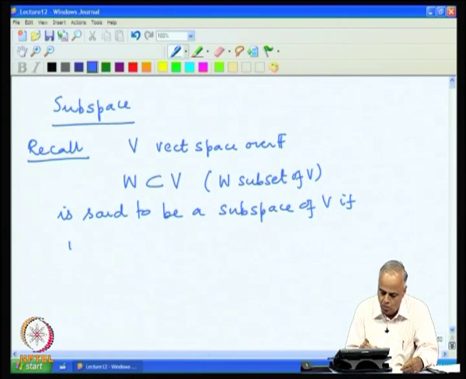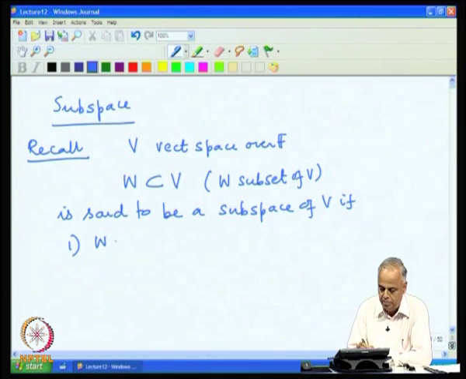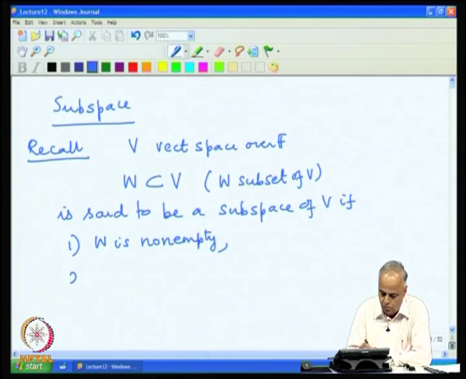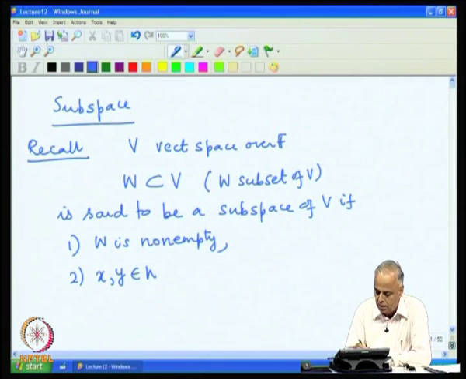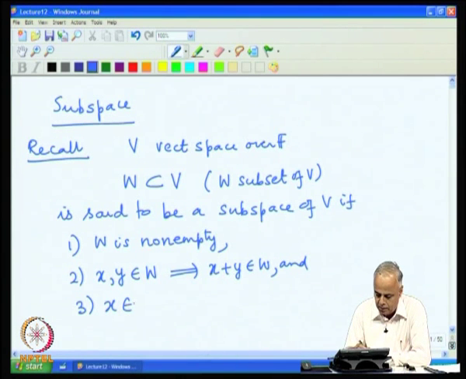if, one, it is non-empty; two, it is closed under addition, that is, x and y in W implies x plus y is in W; and it is closed under scalar multiplication.